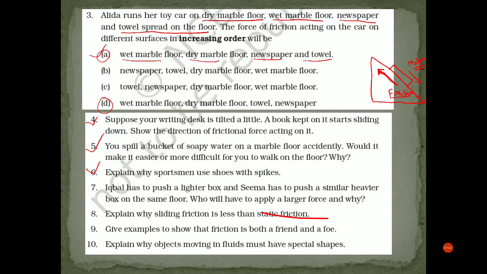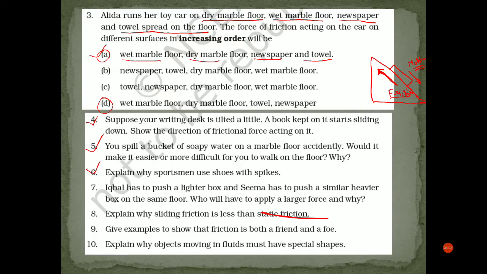First point: if the shape of the object is streamlined, the drag or the fluid friction will be minimum. That's the reason the objects which are moving in the fluid must have a special shape. That's it. So very simple. Do we have any other? It's done. That's it. Okay.